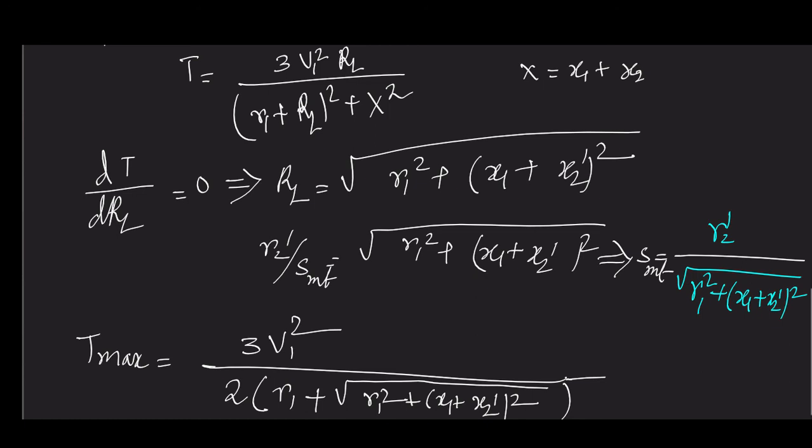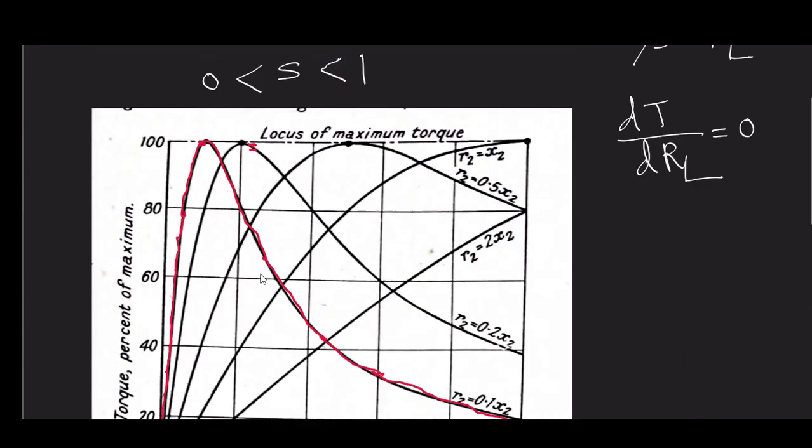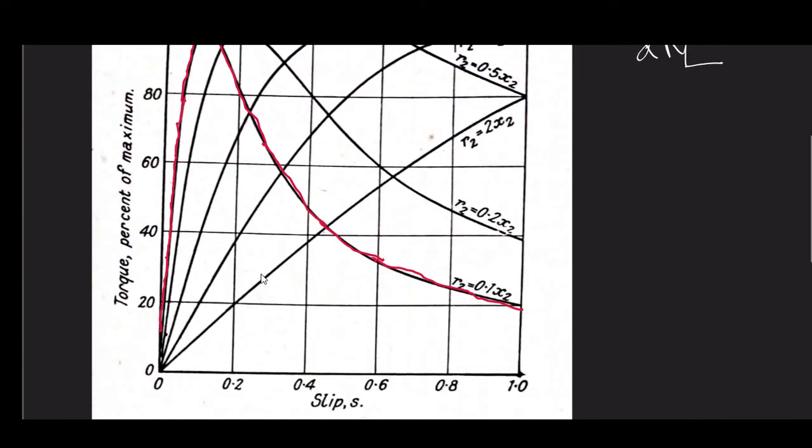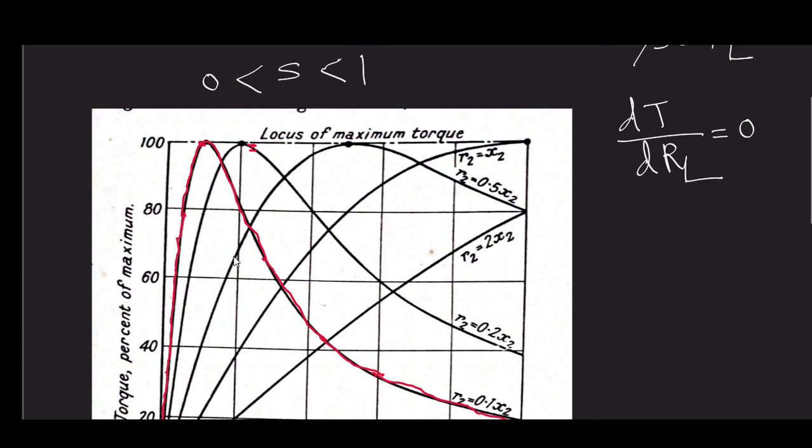And SMT we are getting for a particular value of R2 dash. So obviously, this SMT is that very point.